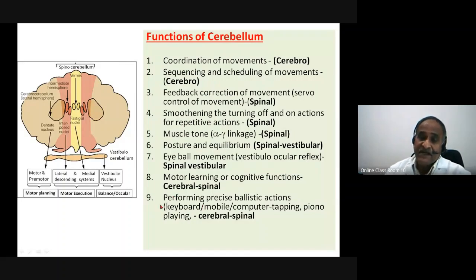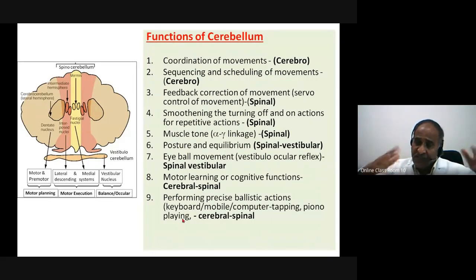Then anticipatory component number 9. This is an anticipatory component performing precise ballistic actions. Precise ballistic actions: keyboard, mobile, computer tapping, piano playing, and even your mridangam or a tabla. I don't know how many of you have enjoyed the solo tabla performance by Ustad Zakir Hussain.